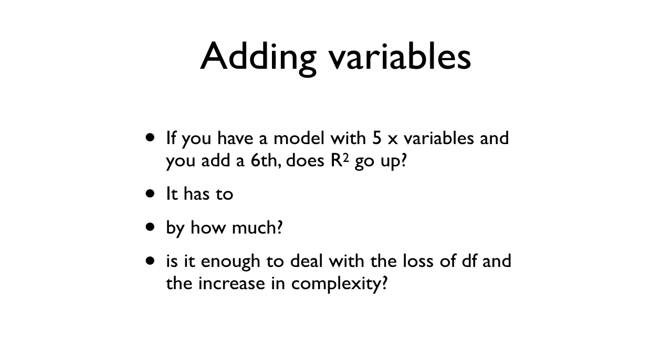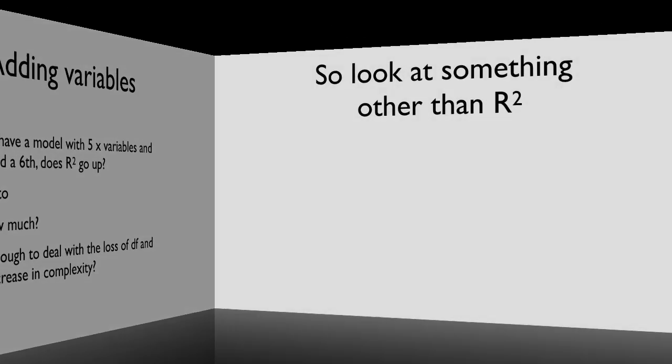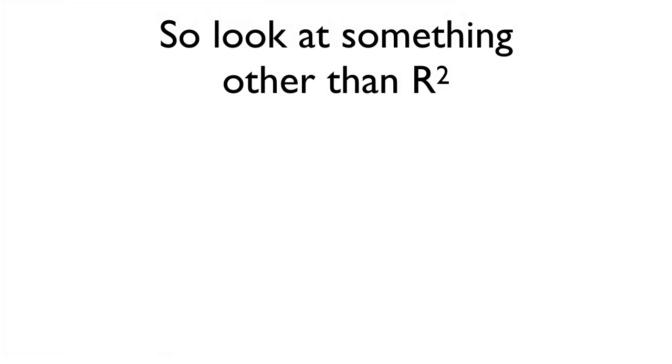Because we want to be simple enough that it can be understood, and we want to have a lot of explanatory power. It's always going to go up, but is it enough? Is it useless to throw that other variable in? So we need something other than big R squared going up, because it's always going to go up.